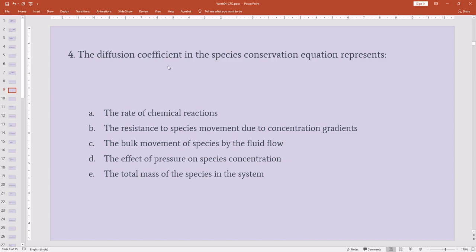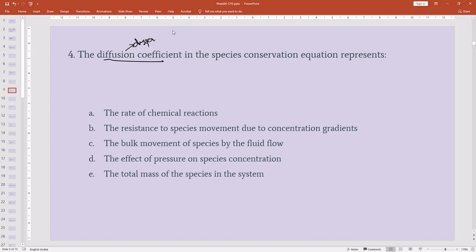Actually, you can decipher it from the question itself. It is known as the diffusion coefficient. If you think about what diffusion literally means, then it's easy. The word meaning of diffusion is dispersion, to disperse or slowly spread.